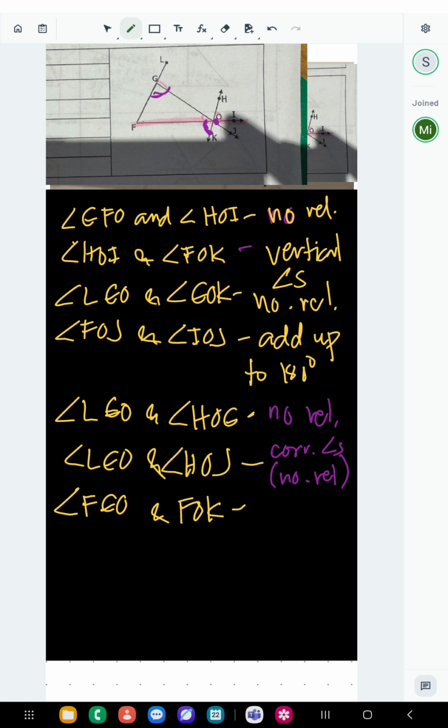Unless it's FGJ and FOK, then we can conclude they are same side interior angles and would add up to 180. So no relationship. Wow, that was easy. You can just answer no relationship in everything.